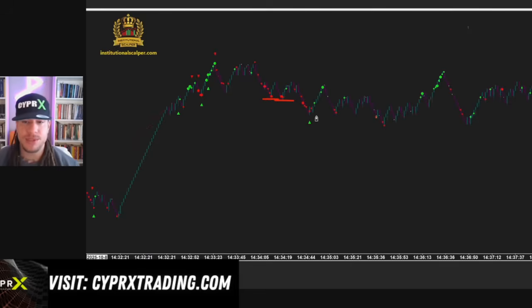Then here for the first time, buyers made an aggressive move to try to trap sellers, and they tried with momentum to push to the upside and failed. Sellers won this battle, overpowered buyers, trapped them at highs, and pushed price back down to the lows. But again, we see sell volume with buy volume trapping sell volume.